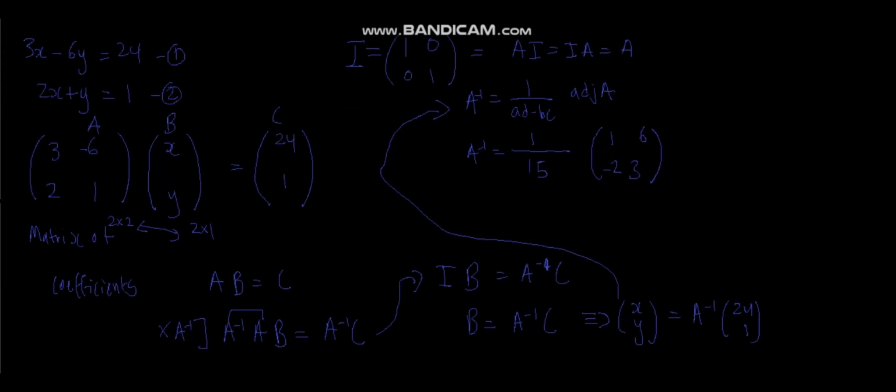So now we have x, y equals 1 on 15 times 1, 6, negative 2, 3, times 24 and 1.